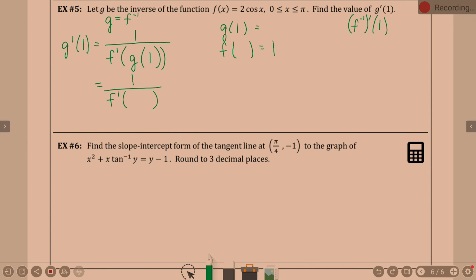And so in this case, what's f? 2 cosine x. So when does 2 cosine x equal 1? Right? Because that's my f function. Really, it's when does cosine x equal 1/2? When does cosine equal 1/2?